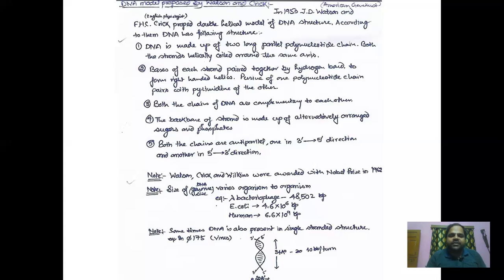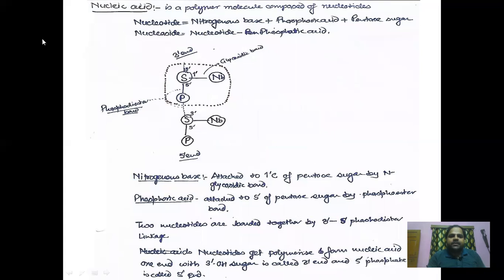The fourth point is that the backbone of each strand is made up of alternately arranged sugar and phosphate. We have seen this structure previously. We can see in this figure sugar, phosphate, sugar, phosphate. So the backbone is formed by the alternating arrangement of sugar and phosphate, and each sugar is attached to a nitrogenous base.